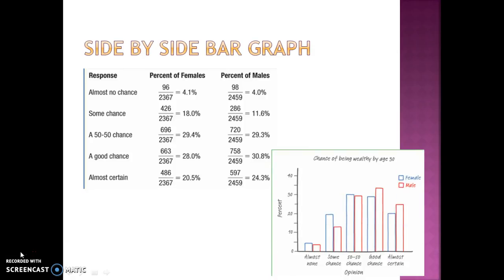Again, make sure your scale starts at 0, and then I went up to 40. Across the bottom, I labeled my graph, and then I also had to label which bar was males and which one was females. You can put dots inside the bars, stripes, color one in, leave one unshaded, stuff like that. But make sure you always label your graph and give it a title.